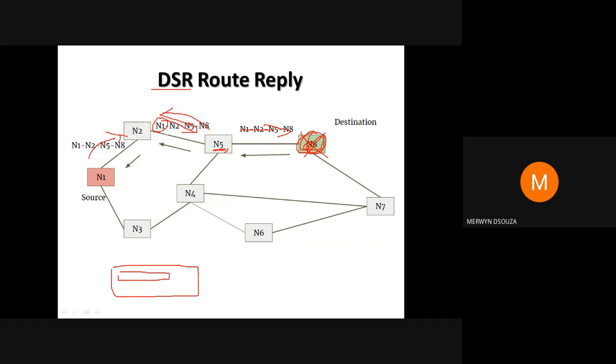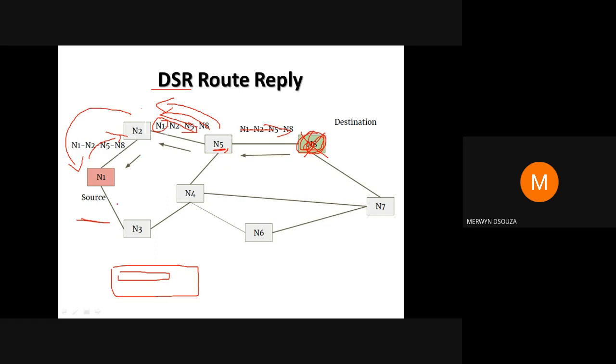N5 will send a route error message back to the source node. First it will send this message to the N2 node, and N2 will forward it to the source node. When the source node gets that message, it will delete that route entry from the table that it has.